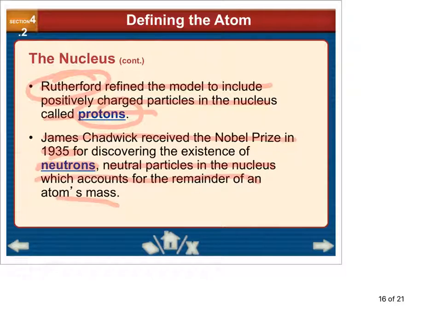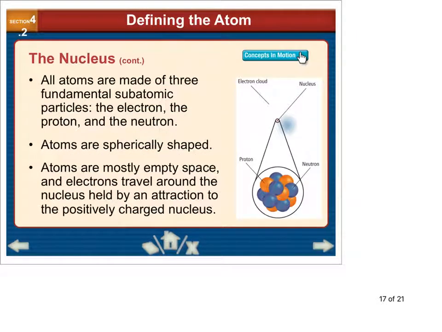This was due to figuring out the masses weren't matching up. So we now have the three main subatomic particles, like 1935. So once we found that first one, it didn't take too long to find the next two.